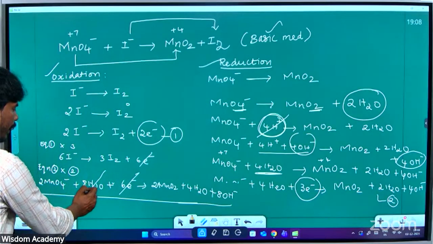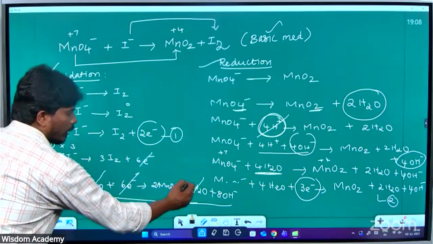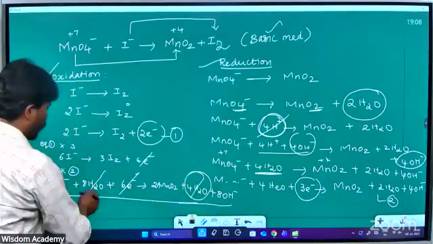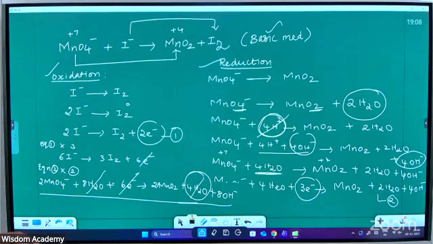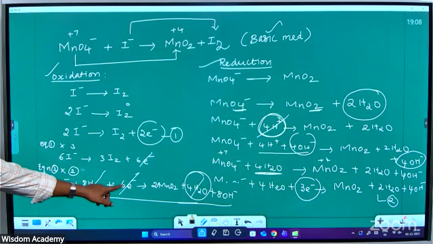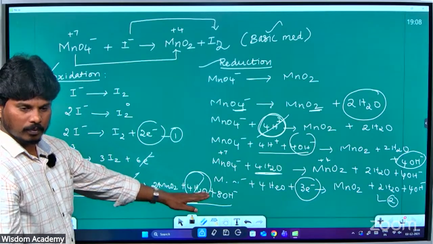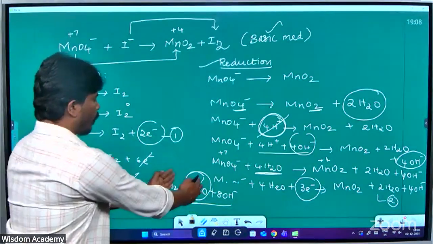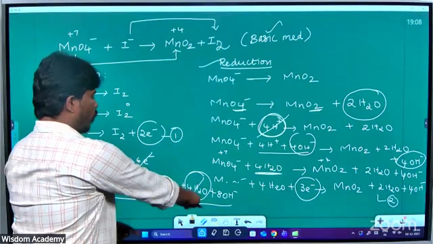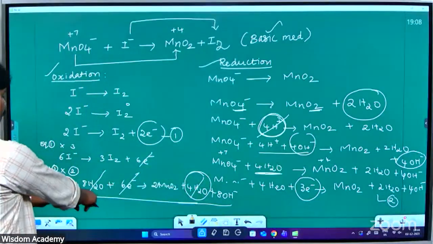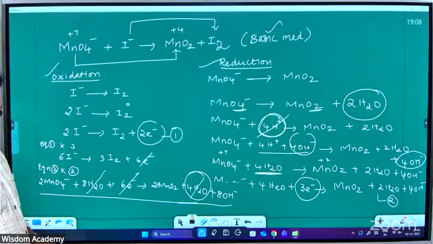Here 8 H2O, here 4 H2O. The final equation will be 2MnO4 minus plus 4H2O plus 6 electrons gives 2MnO2 plus 8OH minus. No water molecule is present on the right side because the 4 water molecules are balanced by the water molecules present on the left side.